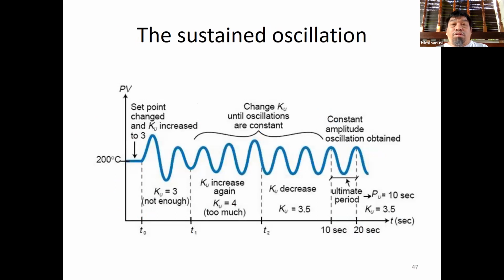Okay. So sometimes dia ada apa dipanggil sustained oscillation. So you change the set point, you change the gain. Say in this example, set point you change daripada 1 jadikan 200 degree Celsius, and then you change the parameter, you increase from 1 to 3, then daripada 3 some oscillation.